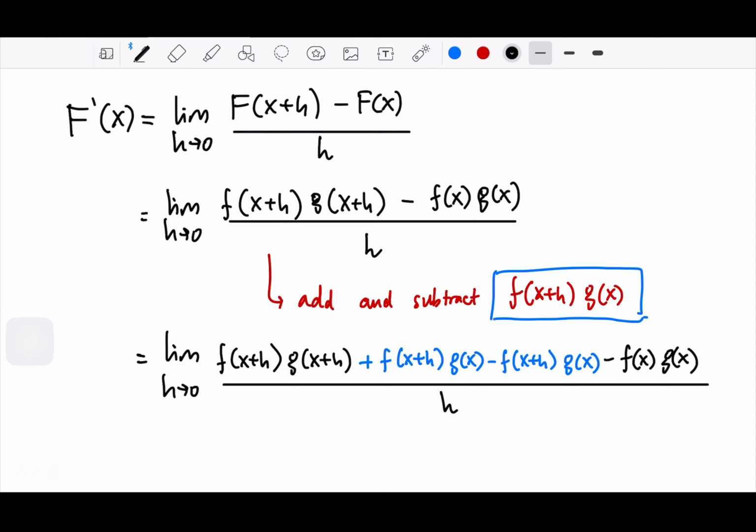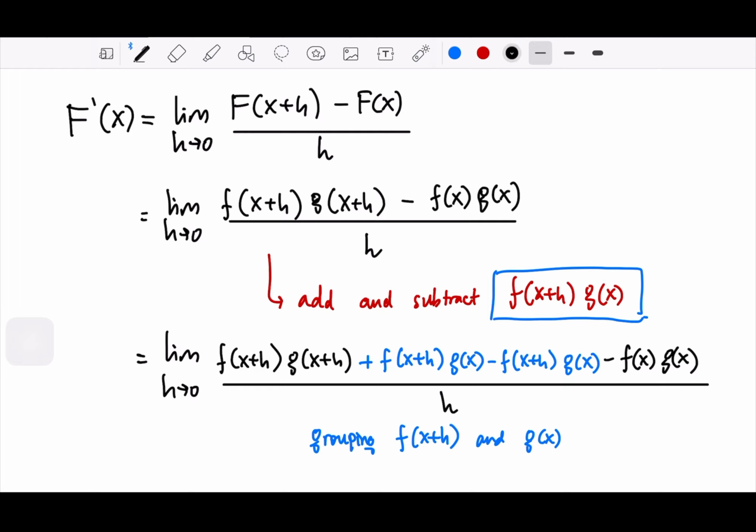Okay, now by doing so, we can group each one, going to the x plus h and the other one. So first we can group f of x plus h and g of x.